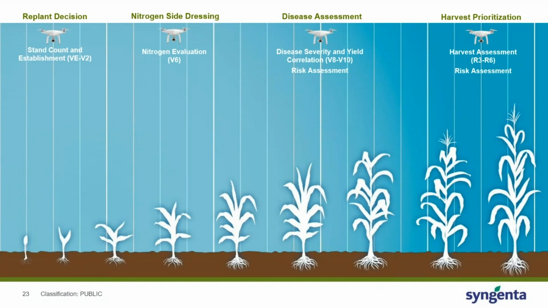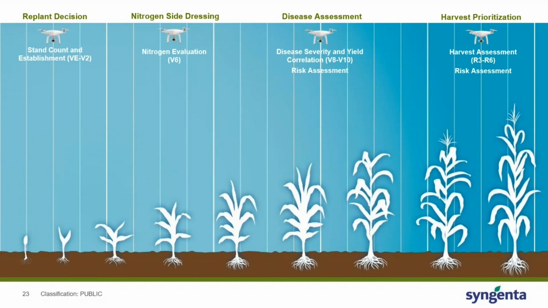The key one that we started off with was stand count and the ability to do a replant. So going early, up to V2, getting that stand count in, and then being able to make a data-driven decision about which areas of the field to replant or not.